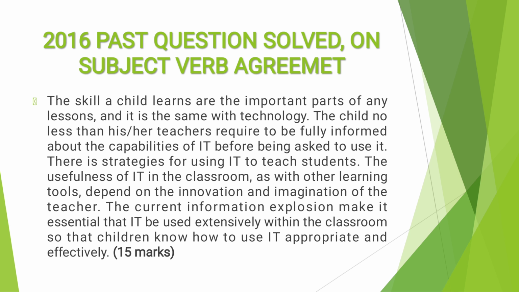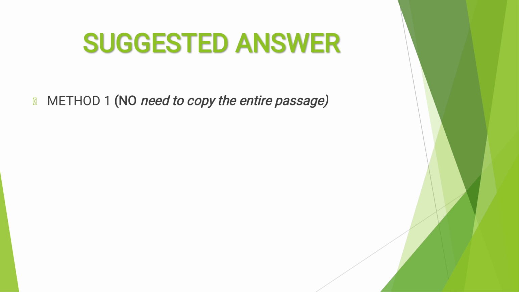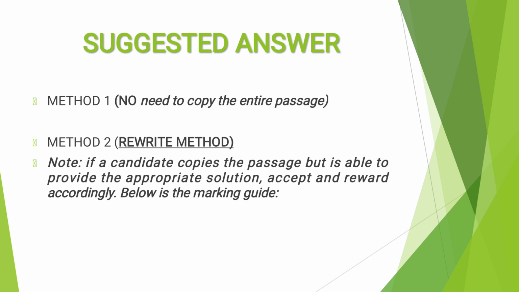So we have taken our time to go through the question. Let us now solve the question appropriately. So don't forget what I told you. Anytime you are solving a question under subject-verb agreement, we look at the subject and then we look at the verb.